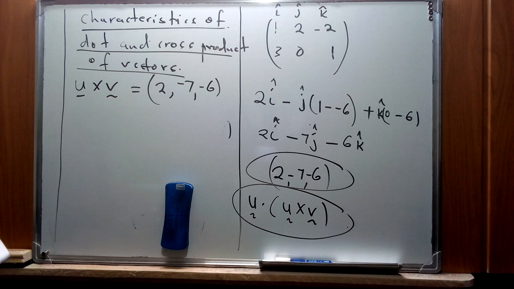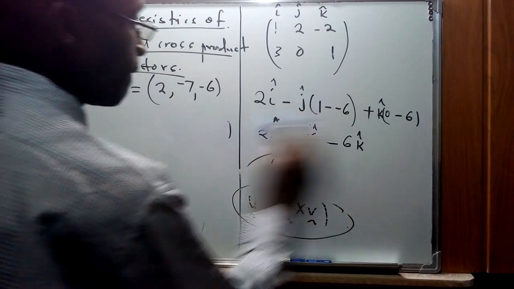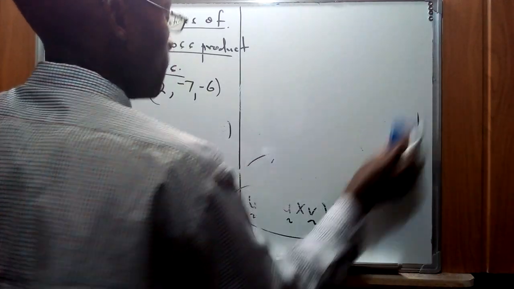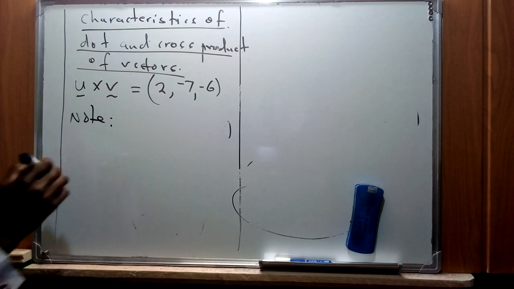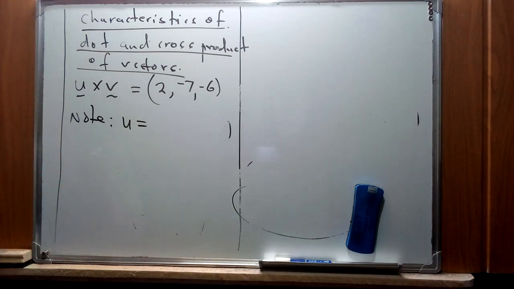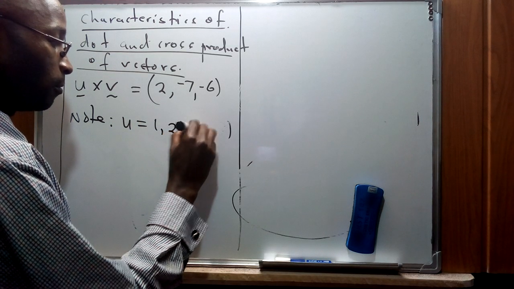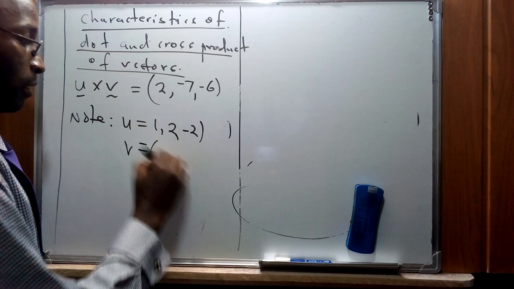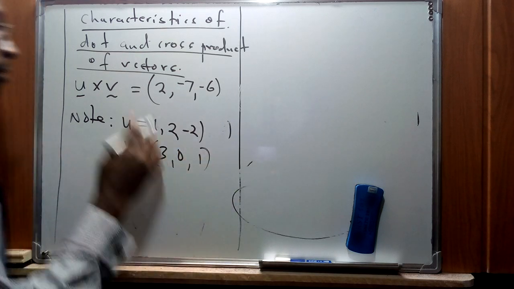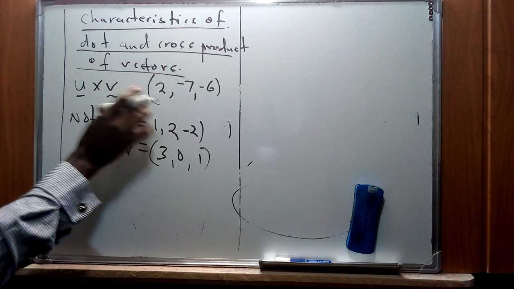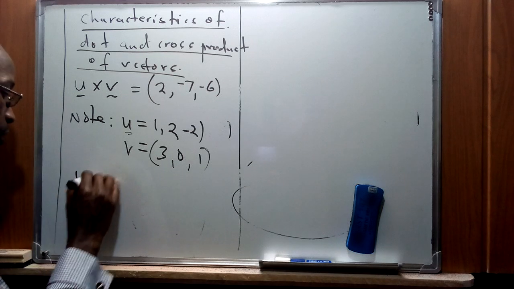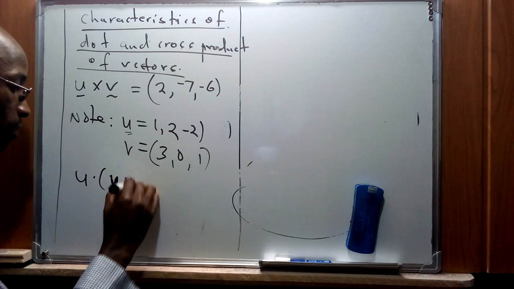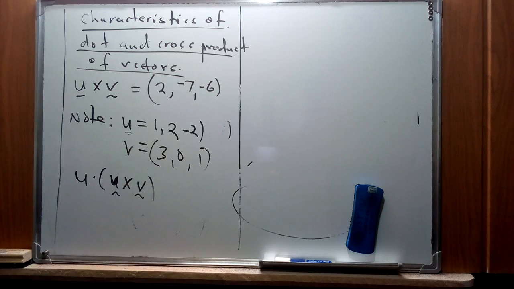Our initial vectors were u, (1, 2, -2), and v, (3, 0, 1). These are the ones we used to do the cross of u and v. I'm also going to use this vector u to find the product of u dot the cross of u and v, and see what our product is going to be.